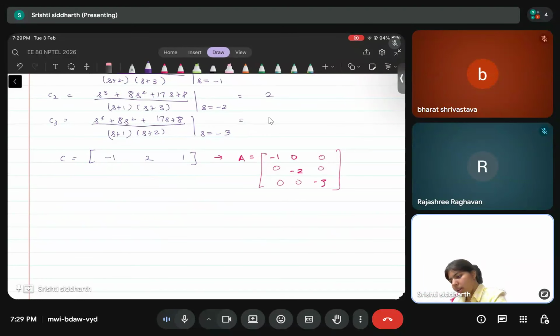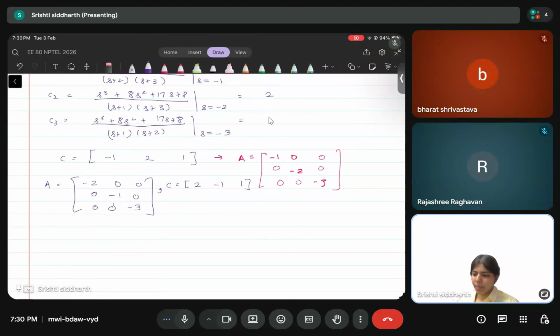We could also rewrite A as, let's say, -2, -1, -3. And in this case, the corresponding C would be the coefficient for -2, coefficient for -1, and then -3. Just notice.